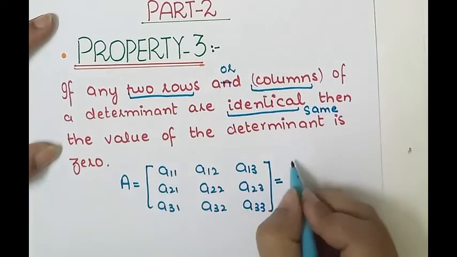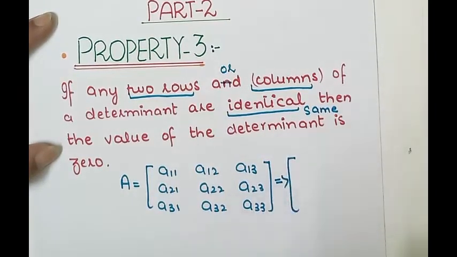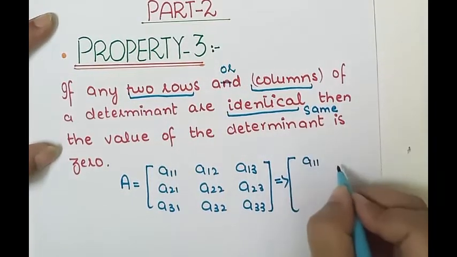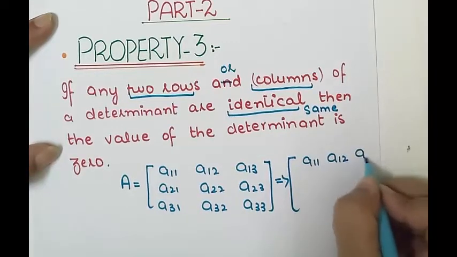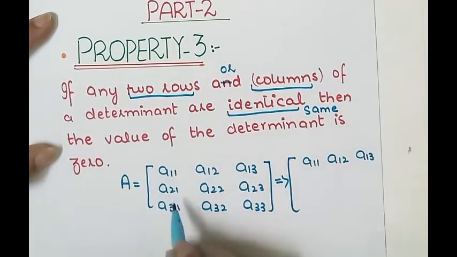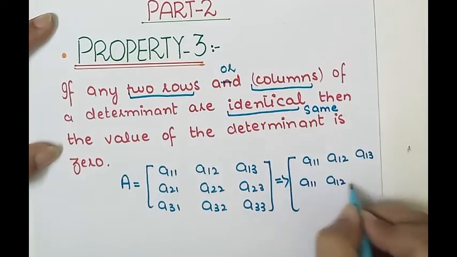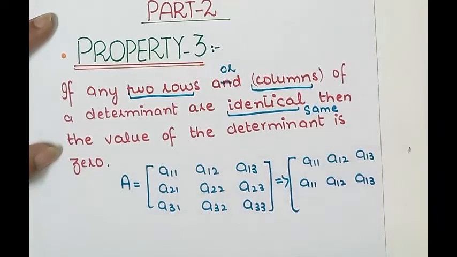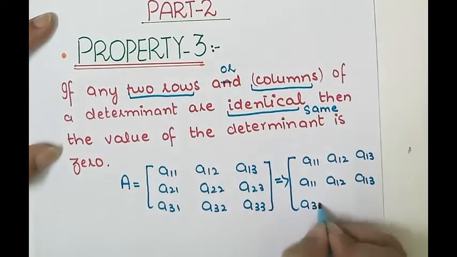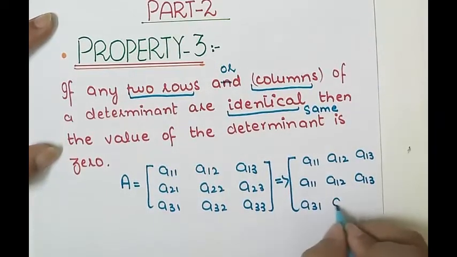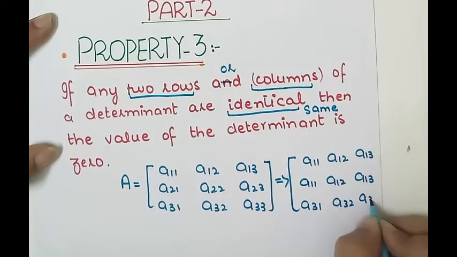It means if this determinant is like A11, A12, A13, the second row is similar, A11, A12, A13, and the last one we will write as it is, A31, A32, A33.